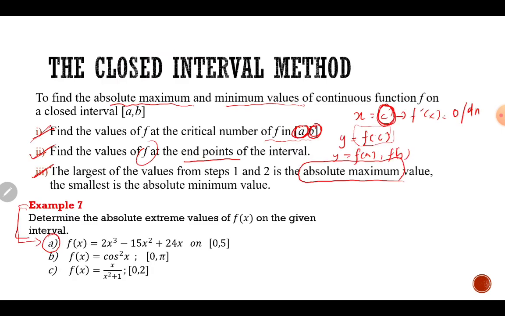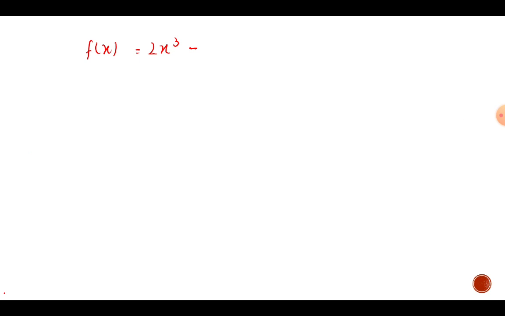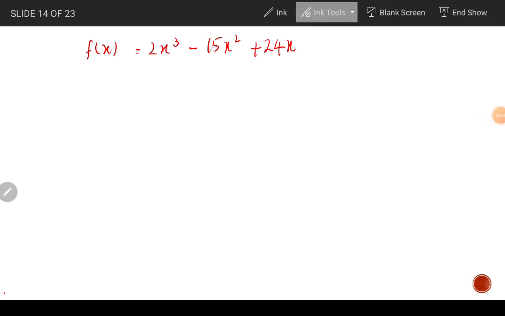Sorry, mistake earlier. The f of x is equal to 2x cubed minus 15x squared plus 24x. Its end points are 0 and 5.